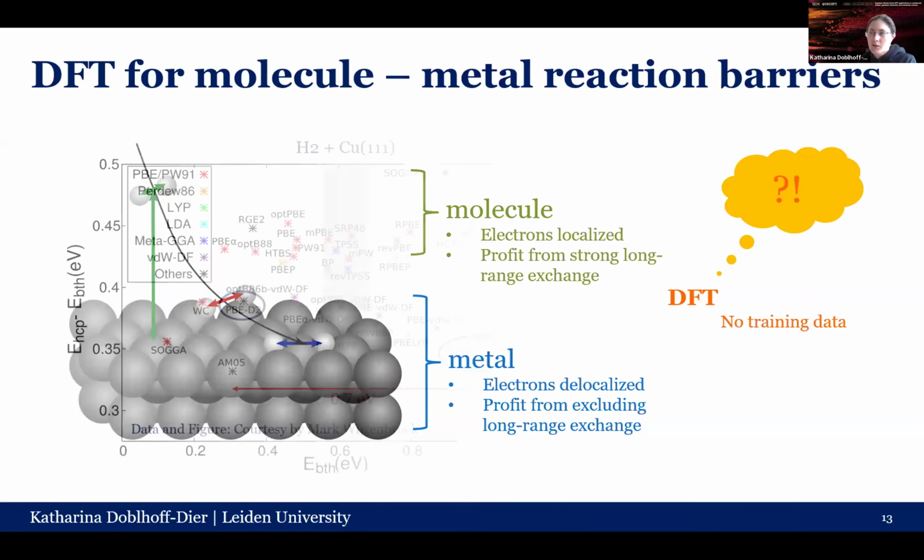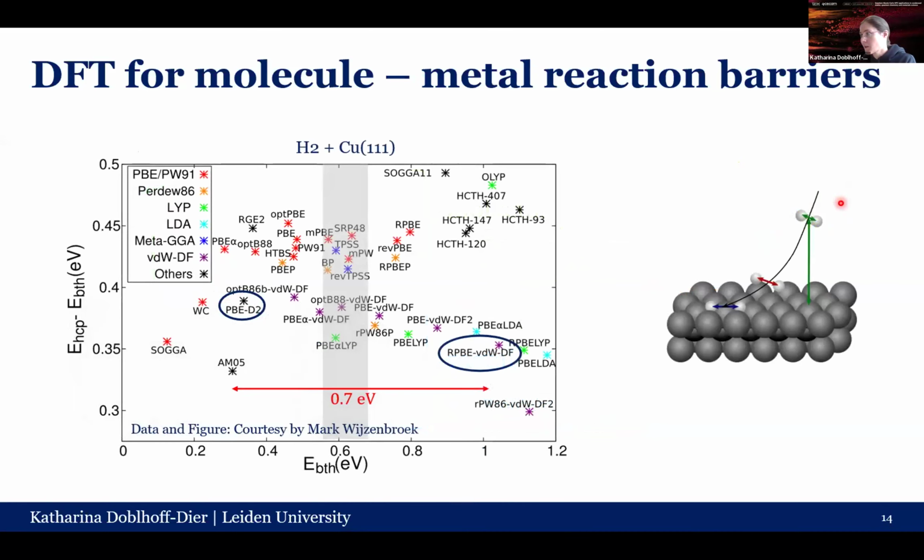So the quality of DFT, you can already imagine, might suffer. And you can see that very easily here on one particular reaction barrier, for H2 dissociating on a copper surface. I show the results for the lowest lying barrier for different functionals. Even if we choose two reasonable functionals, PBE-D2, which would often be used in electrocatalysis, and RPBE-vdW-DF, maybe more in gas surface science, they lie 0.7 electron volts apart.